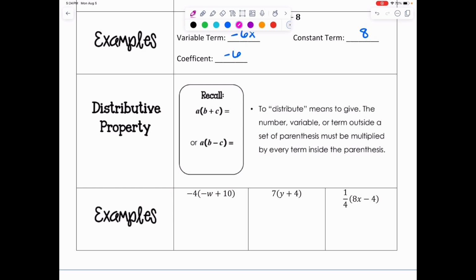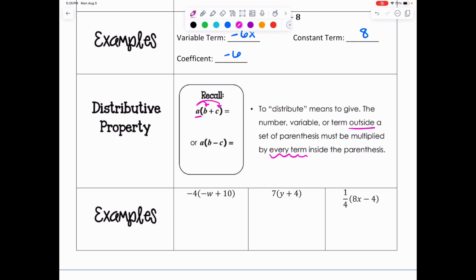The number, variable, or term outside a set of parentheses must be multiplied by every term inside the parentheses. So if we're going to distribute, we want to make sure we give to everyone. You might have addition or subtraction inside the parentheses. The process doesn't change. Whatever's on the outside is going to get multiplied by everything on the inside.